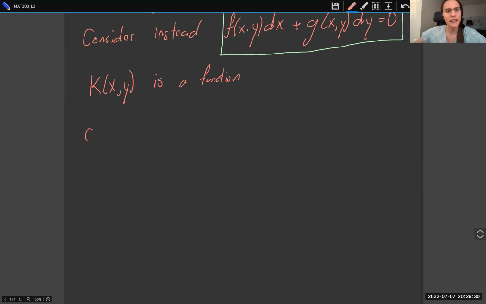So dk is known as the total derivative, and this is equal to the partial derivative of k with respect to x times dx plus the partial derivative of k with respect to y times dy.